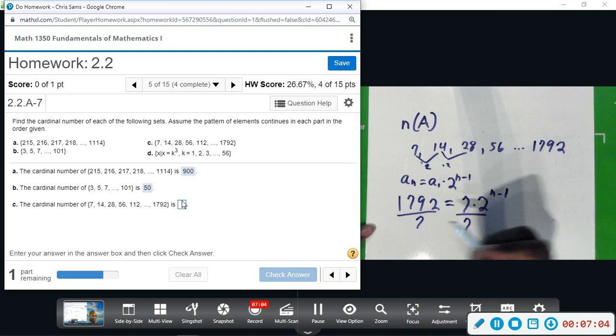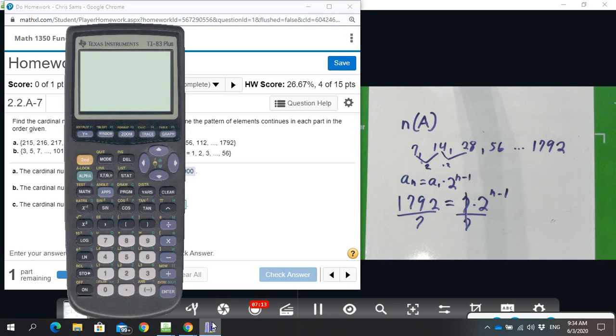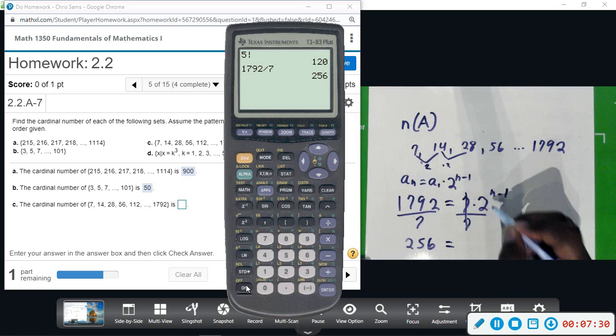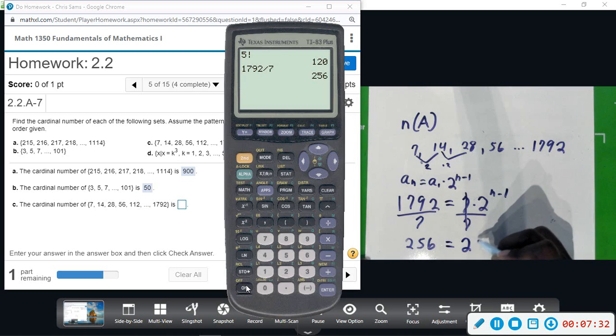And so when I do 1792 divided by 7, let's see what we get there. 1792 divided by 7 gives us 256. 256 is equal to 2 to the n minus 1 power.